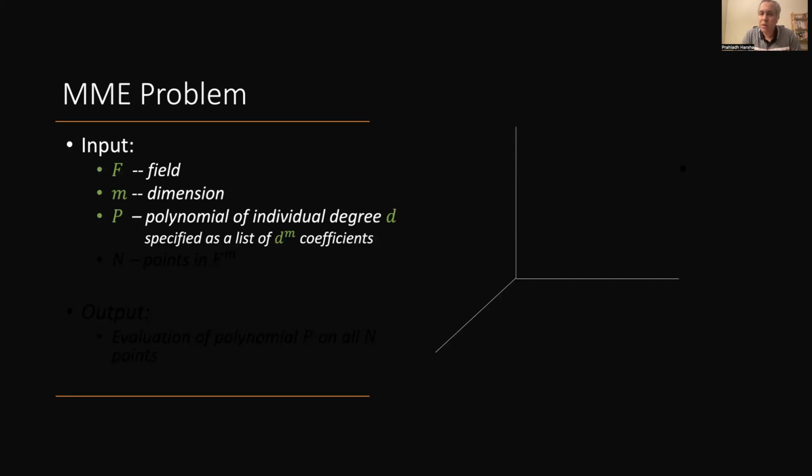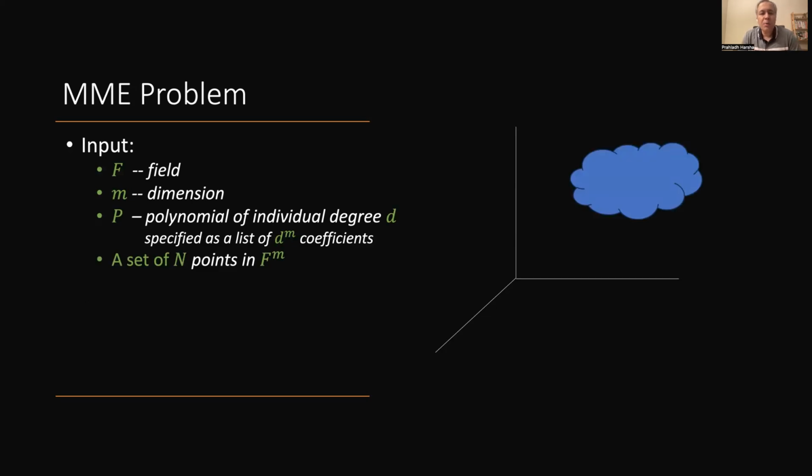Then we're given a polynomial of individual degree at most d, specified as a list of coefficients. So it's a list of d^m coefficients. And then we are given an arbitrary set of n points in the space F^m. And the required output in the MME problem is to evaluate this polynomial P on all the n points.